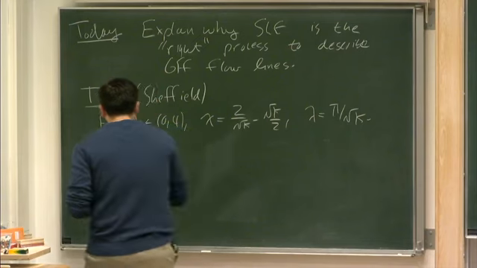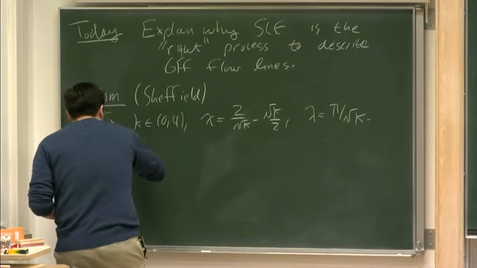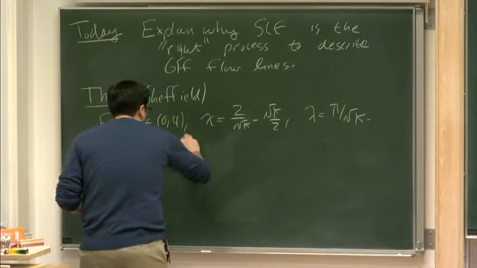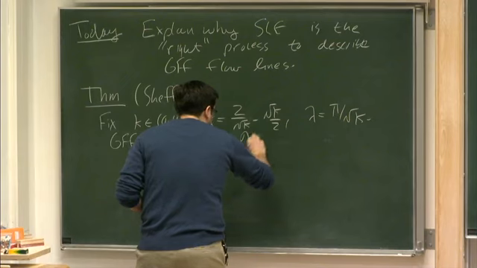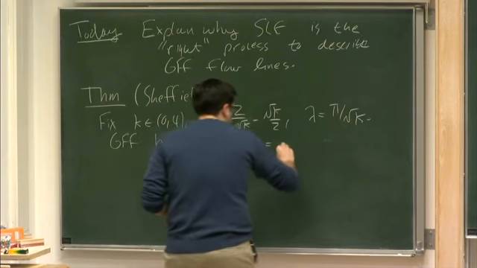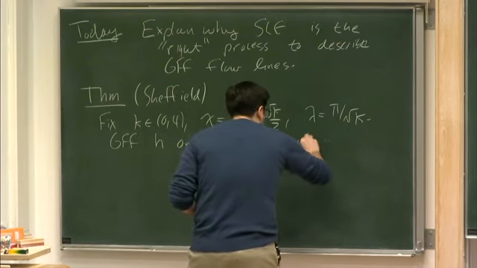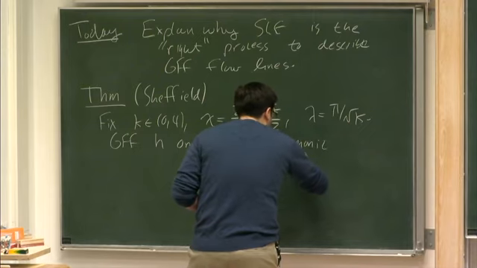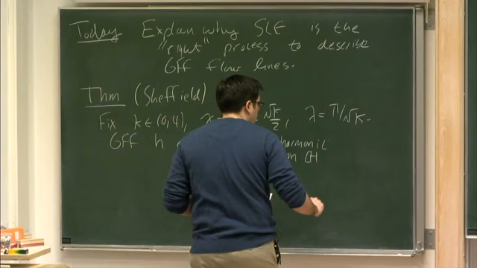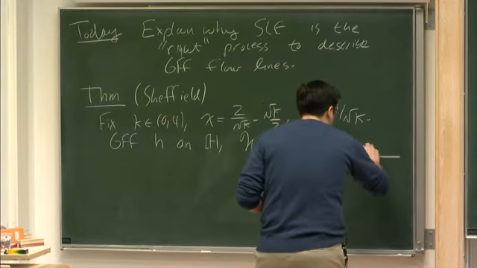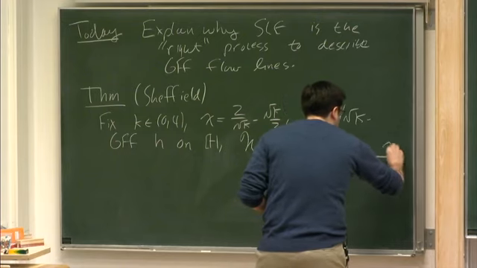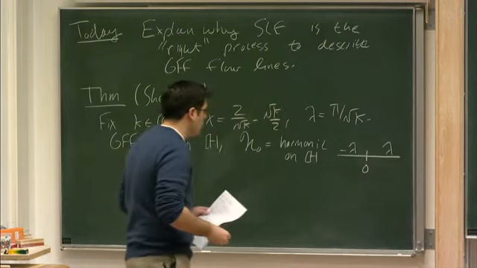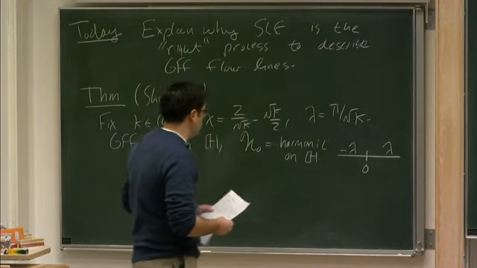You assume that you have a Gaussian free field h on the upper half plane, and then I called calligraphic h sub 0 the function which is harmonic on the upper half plane, with boundary conditions given by minus lambda on the negative reals and positive lambda on the positive reals.